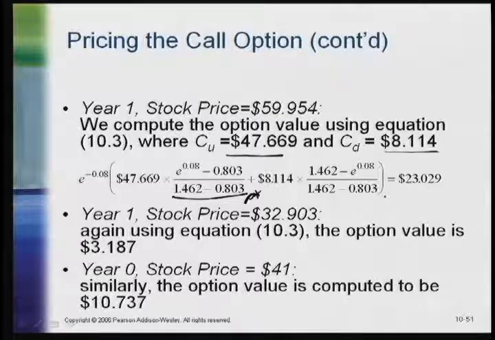You recall it's e to the (r minus delta) h minus d, over u minus d. And when you do this, you get the $23. We can also look when the stock price is at $32.90. Again, it's really just a one-period lattice. Using the same formula, we get the $3.18. We now have both option prices at time 1 year.